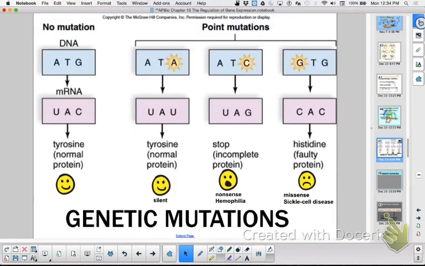Okay, then we said, well, how can we have mess-ups? If the DNA is messed up, there's a chance then that the RNA is going to be messed up, right? Unless it's a what mutation? Silent mutation. If you end up getting the same amino acid, it's okay, because some of those amino acids can be coded for in several different ways. So we're cool with it. I mean, it's a mutation.